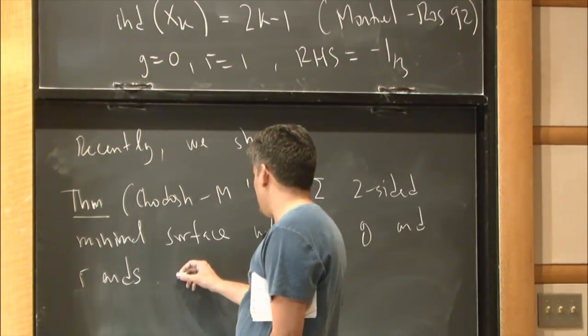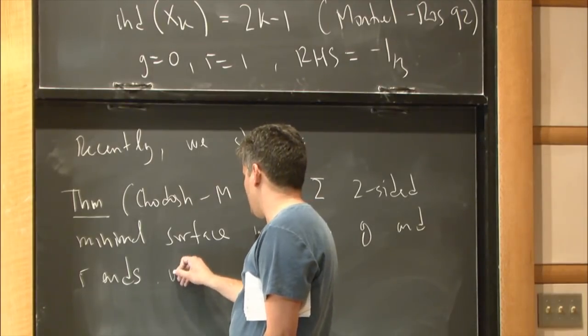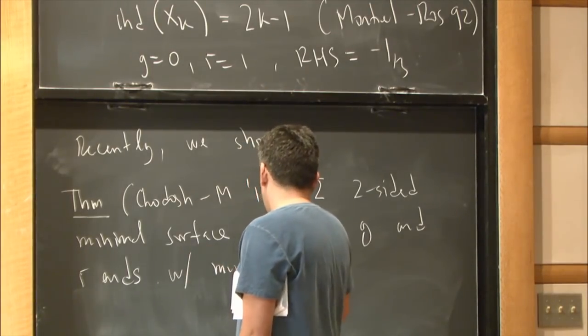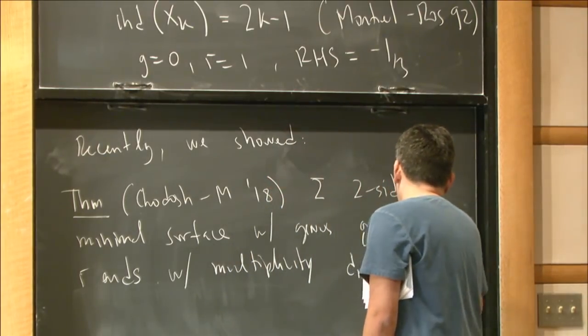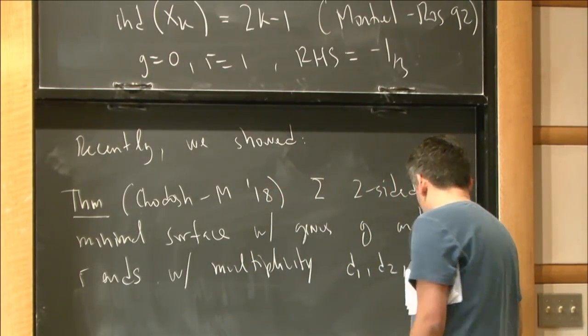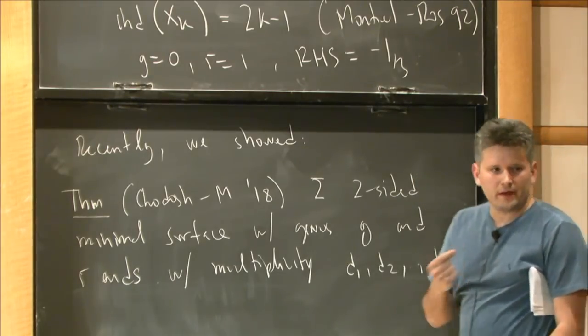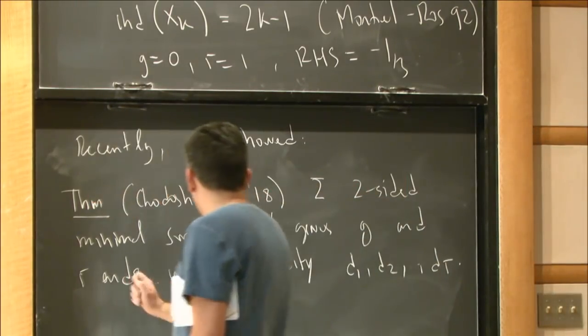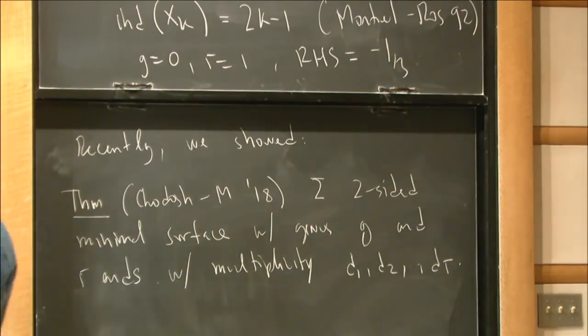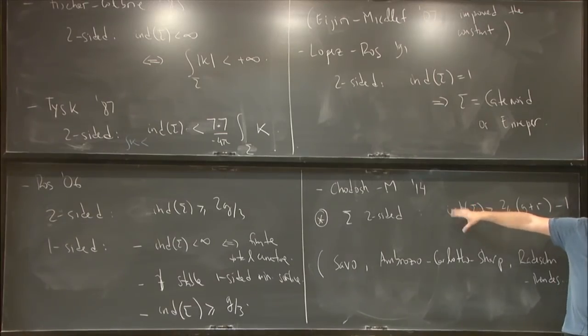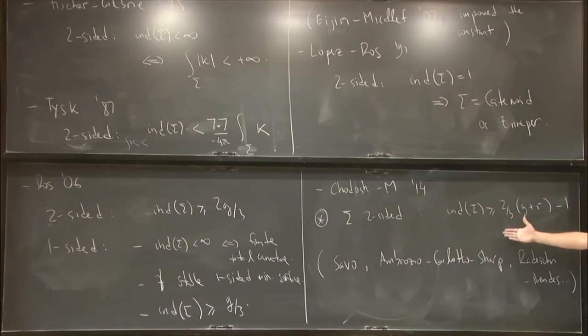So let's suppose that the ends have multiplicity d1, d2, all the way to dr. Now obviously these index estimates only make sense when the index is finite, right? If it's not finite, then there's nothing to prove.